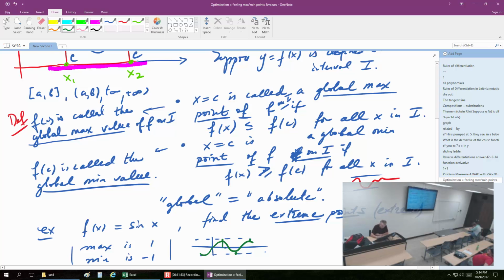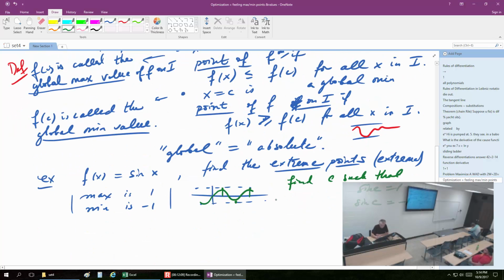I have to point out where these values are, so what we're supposed to do is find c such that sine c is equal to 1 and sine c is equal to -1. Well, that's not too complicated.